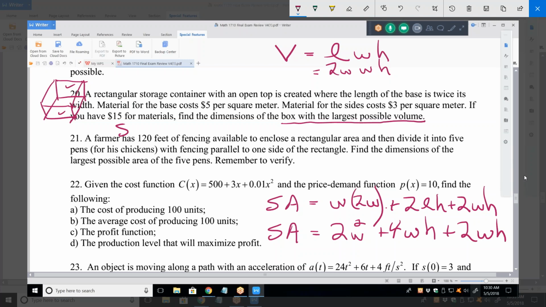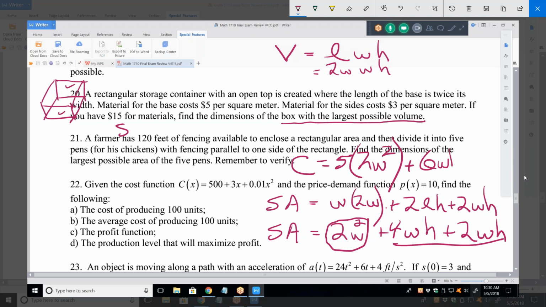What's the total cost of our materials going to be? Well, it's going to be $5 times the base, the area of the base. So it's going to be 5 times 2W squared plus all of this other, which looks like 6WH, is going to cost $3.